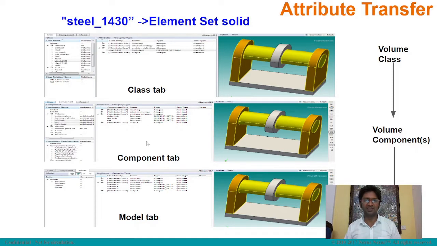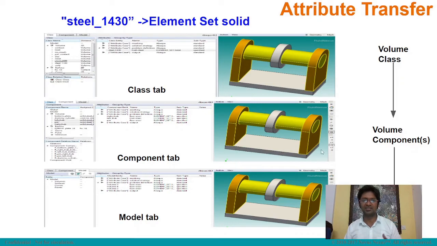When we move from the class tab to the component tab, the attribute specified on the volume class, that is steel 1430, will get transferred onto the respective volume components.